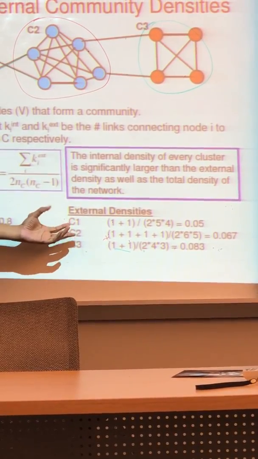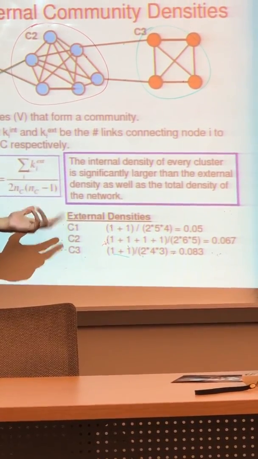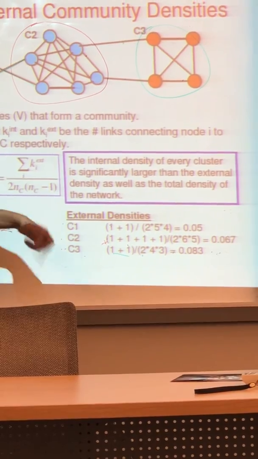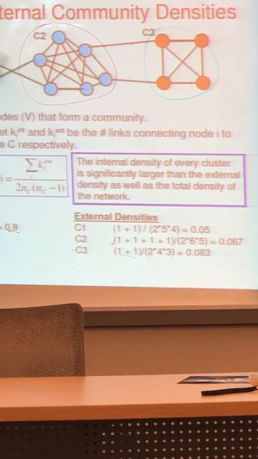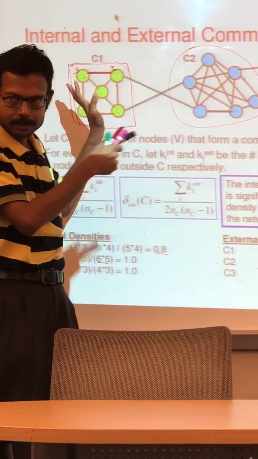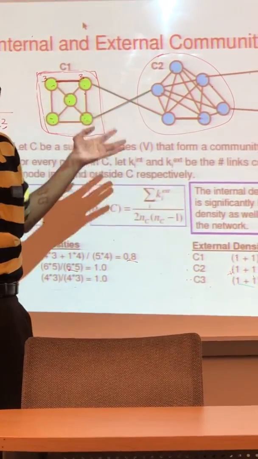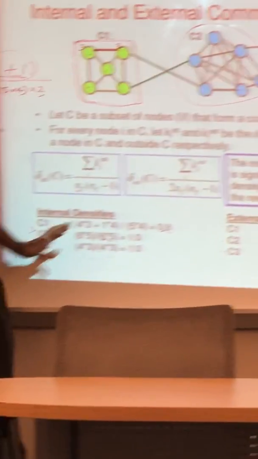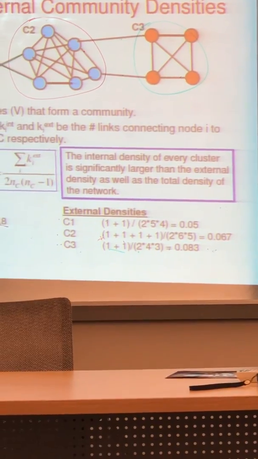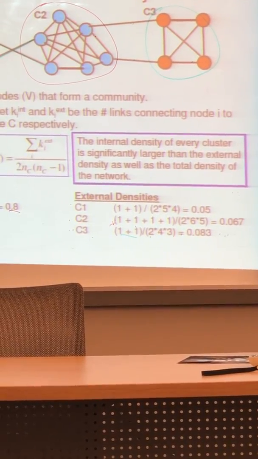If external density is high, the numerator is high, which means you have more edges to other communities. We don't want that. So you would prefer the internal density to be closer to 1 and external density to be closer to 0.